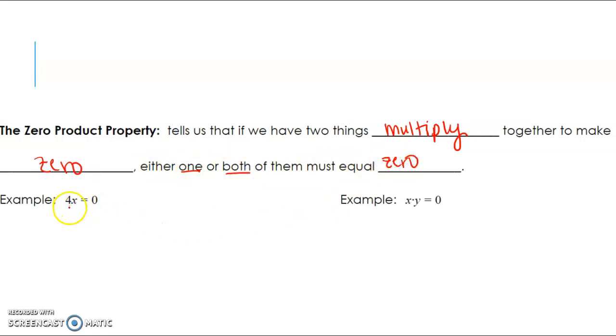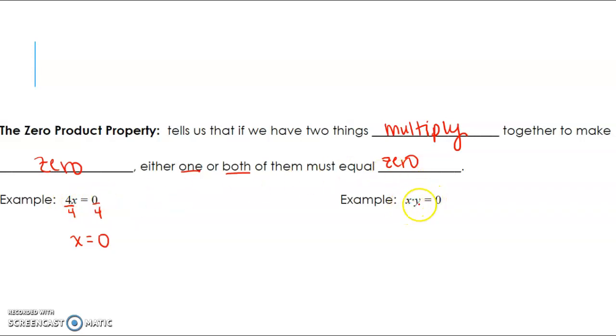So here's some examples. If I have 4 times x, some unknown number, equals 0, we can do the algebra. We can divide by 4. But common sense should tell you that that has to be 0, right? There's no other number that could possibly be for it to multiply together to equal 0.